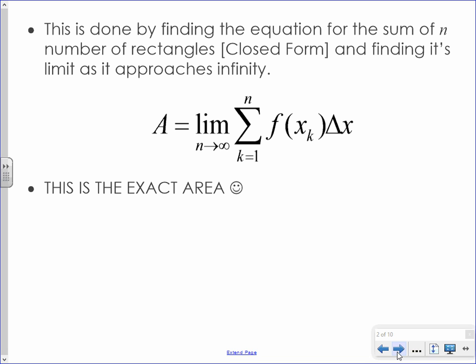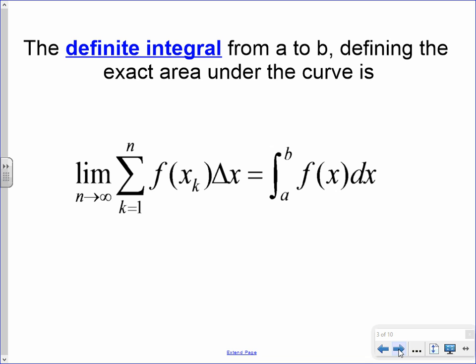Today is the day where we start to see the bridge between all of this summation stuff that we've been doing and our integrals that we worked on a couple weeks ago. What this is actually representing is a definite integral.